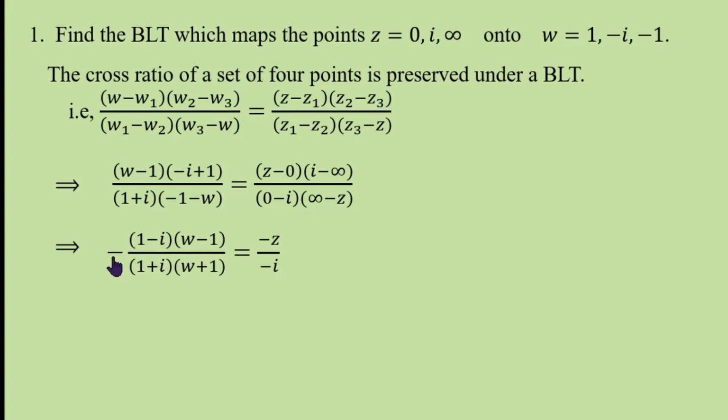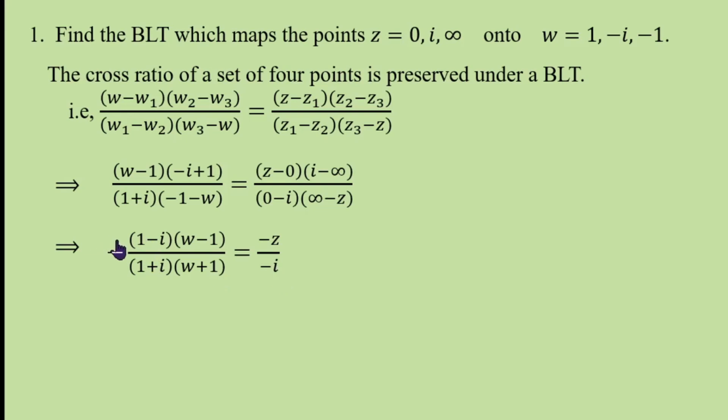So minus 2i with this minus sign, so 2i divided by (1 plus i) into (1 minus i), which is 1 square minus i square. i square is minus 1. So 1 minus minus 1 is 2. So 2i by 2, which is nothing but i.